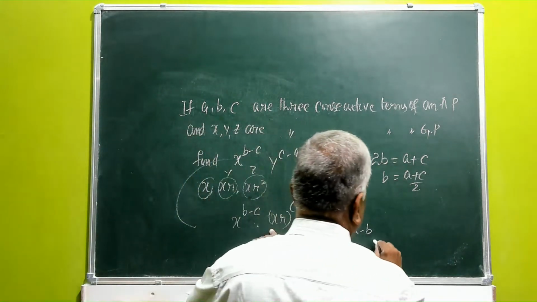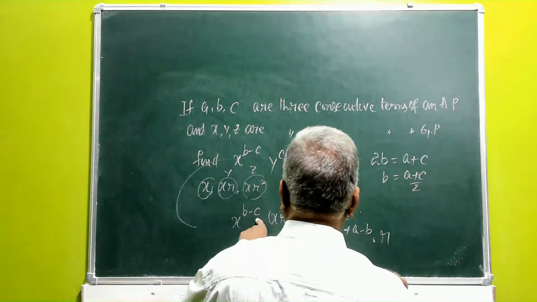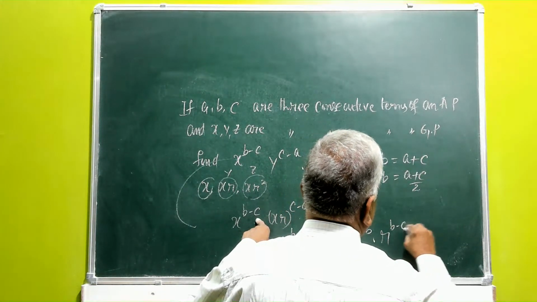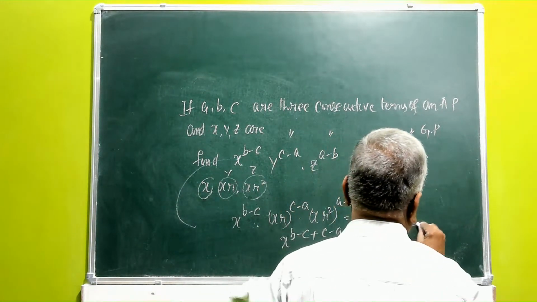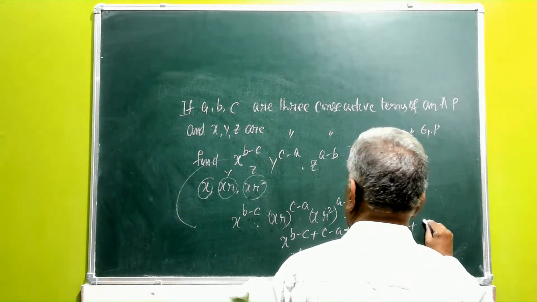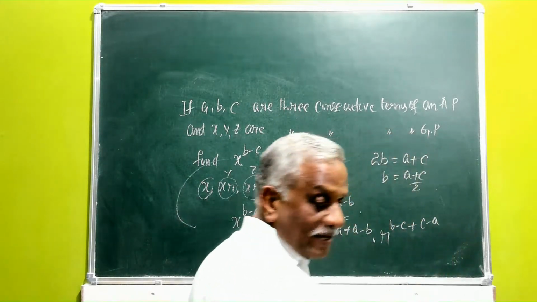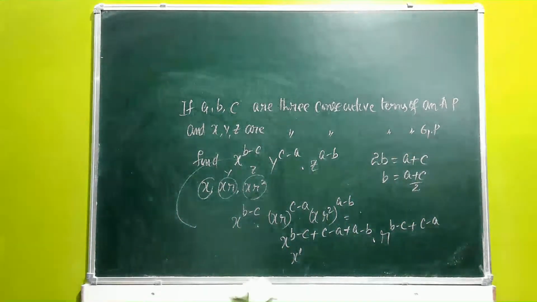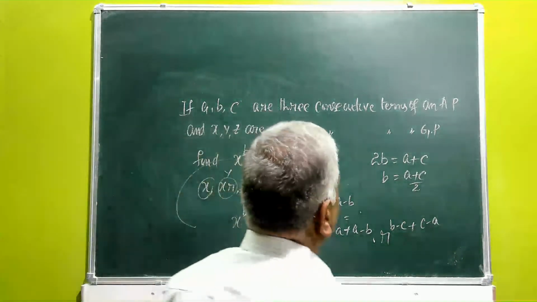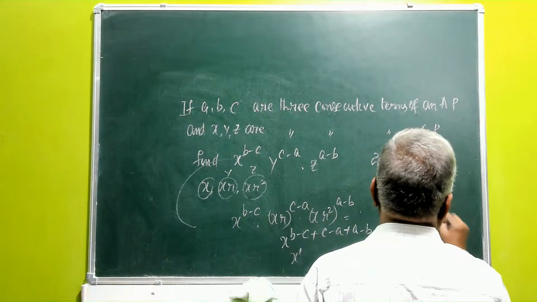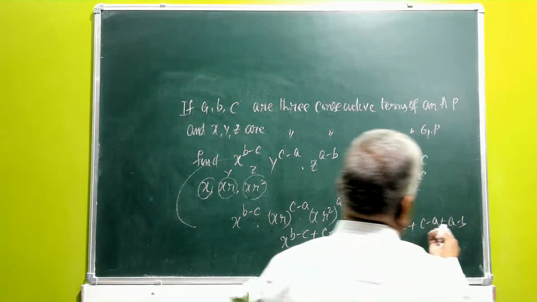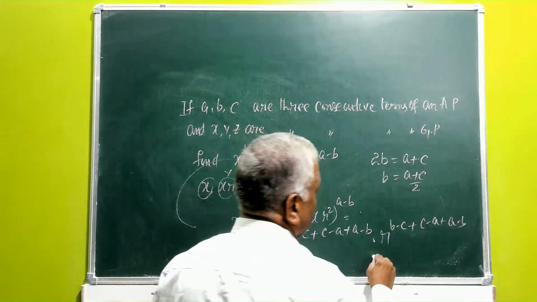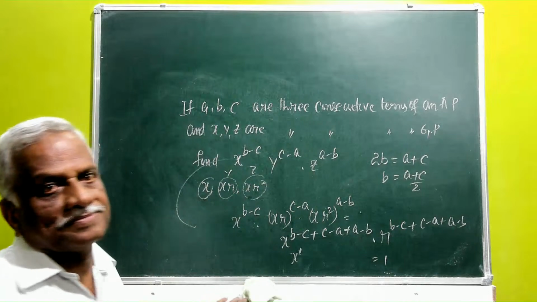But what about r? r to the power of b minus c plus c minus a, very simple problem, plus a minus b. That is also r to the power of 0, it is 1.